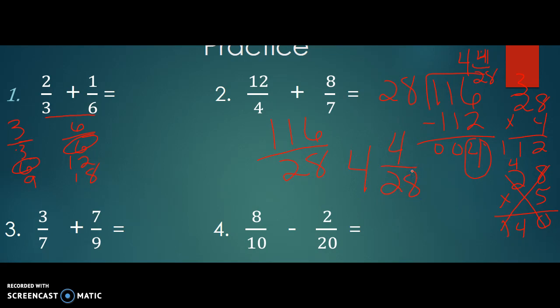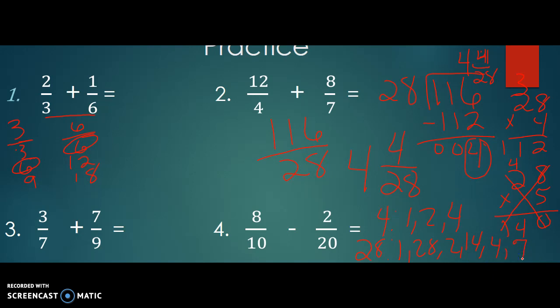But we still need to check and see if we can simplify. So 4 goes into 28. What are your factors for 4? 1, 2, and 4. Factors for 28: 1, 28, 2, 14, 7 and 4.